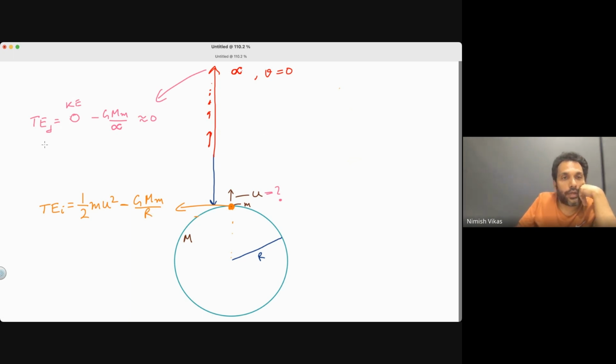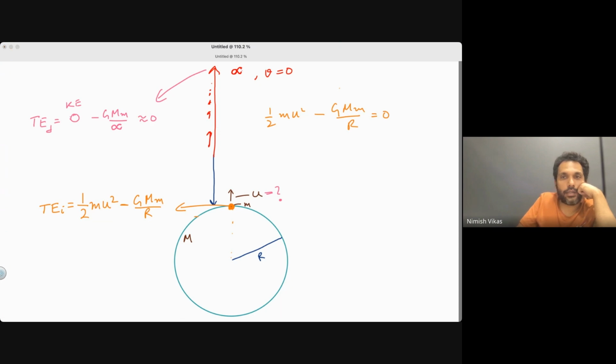Now you equate the two. So when you equate the two, you get this much equal to 0, if initial is equal to final. So that ends up being half m u square minus GMm by r equal to 0.